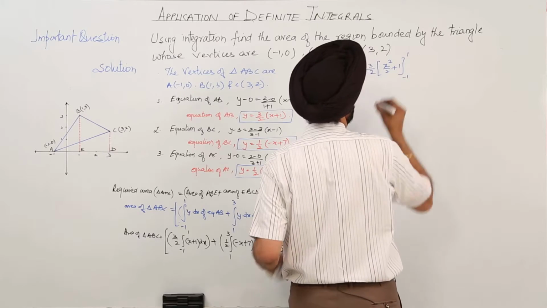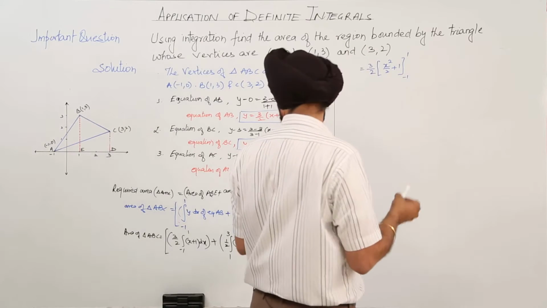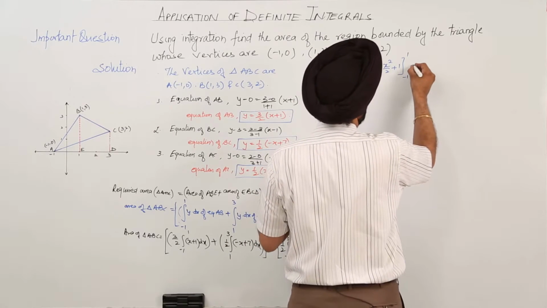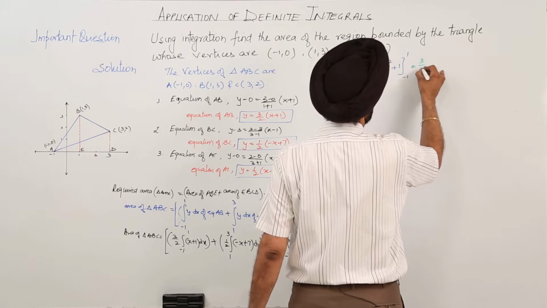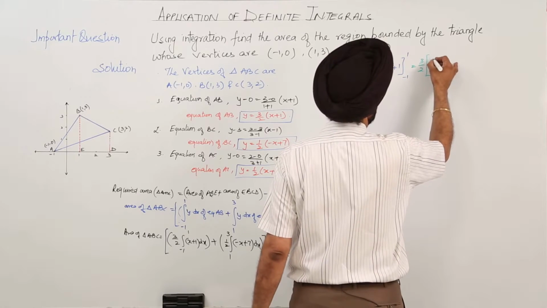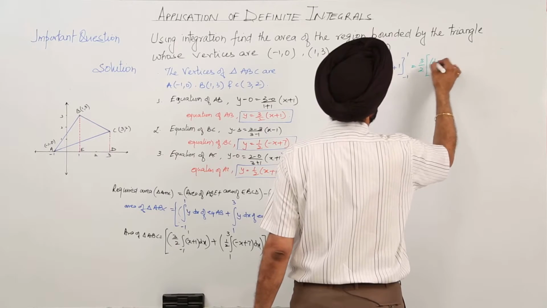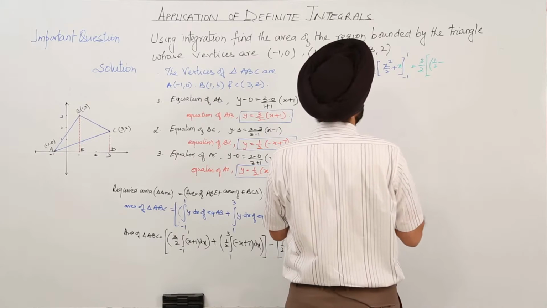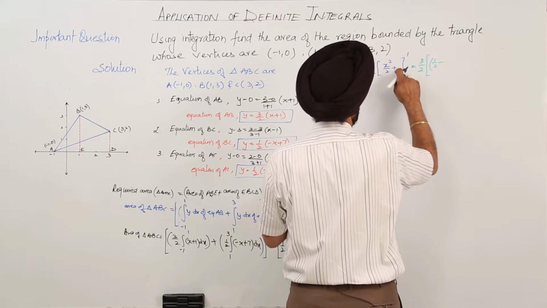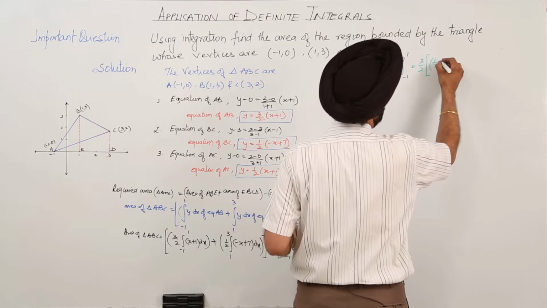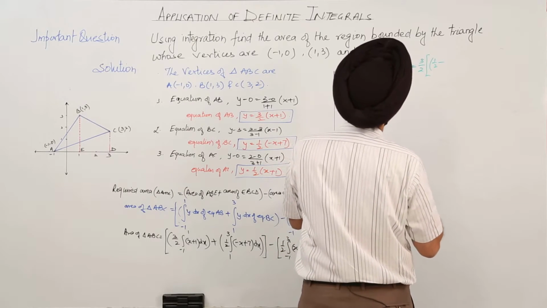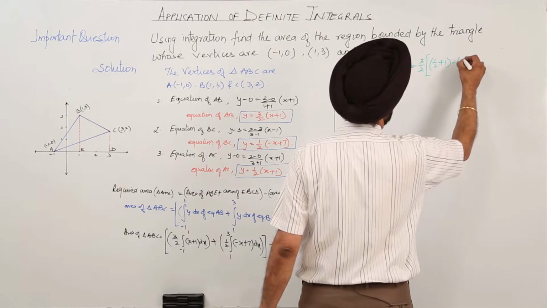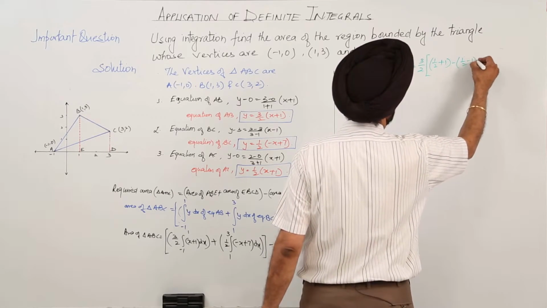So this is equal to 3 by 2 times [(1 by 2 plus 1) minus (1 upon 2 minus 1)].